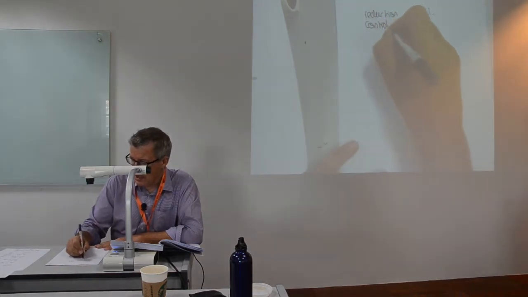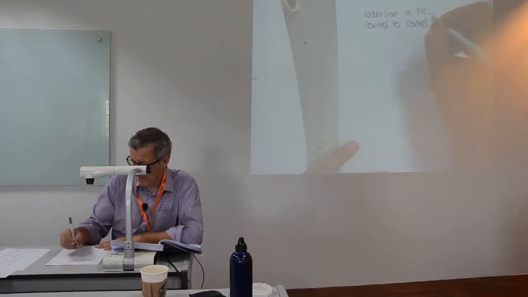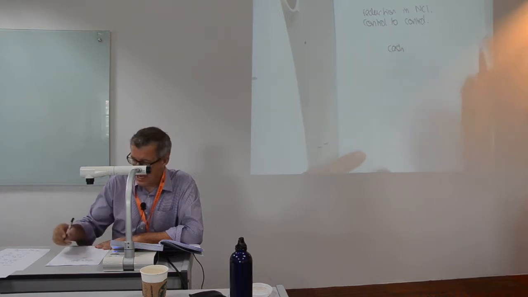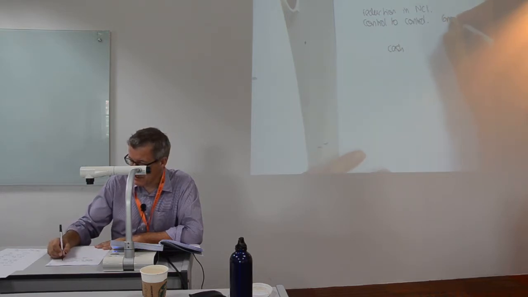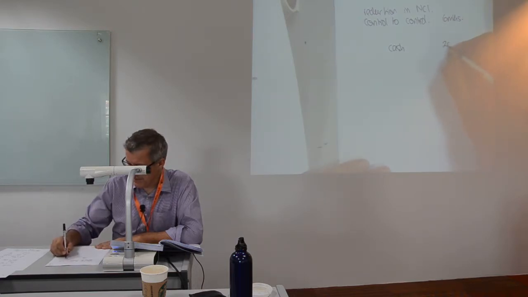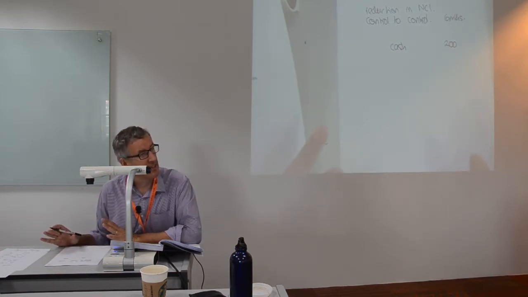There is a control to control relationship, and the cash that has been spent 6 months ago is 200. So we did all this yesterday. So this is revision of revision. I have control.